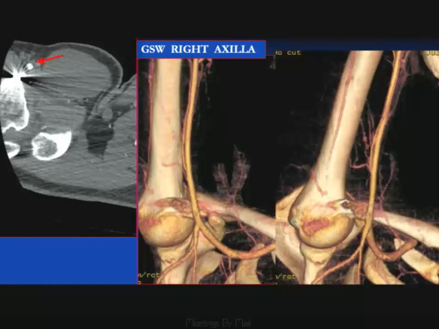Here's another case. This is actually a gunshot wound to the upper extremity. We have a metallic fragment next to the artery, but this is a case where you can look at that artery, despite the presence of some degree of artifact, and fairly confidently say that we believe this is an unaffected brachial artery or axillary artery.